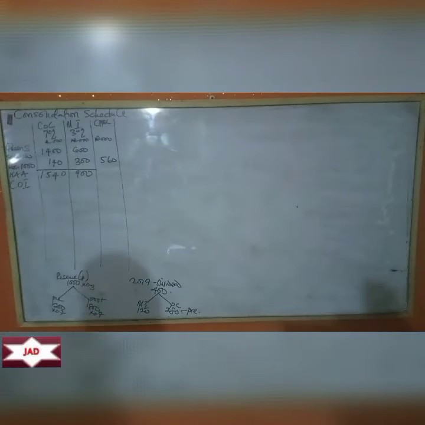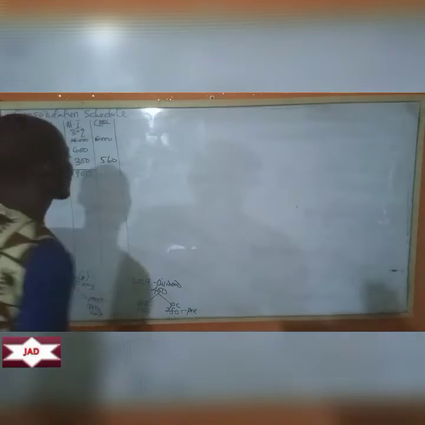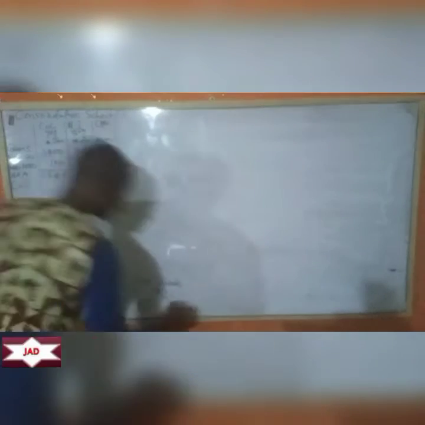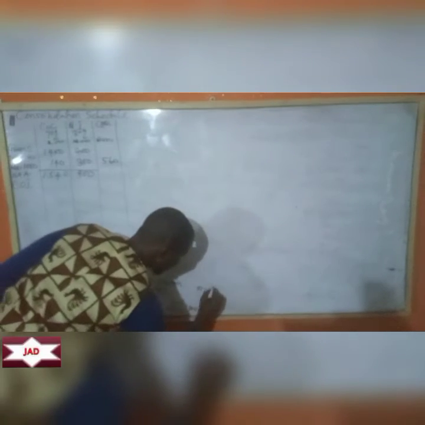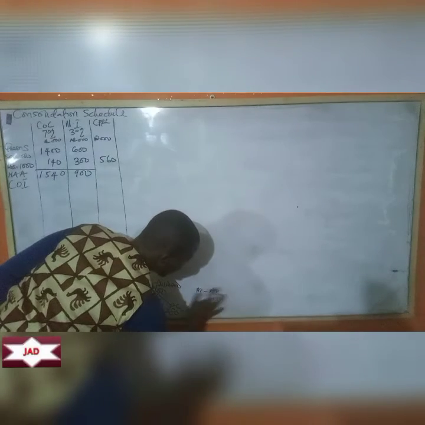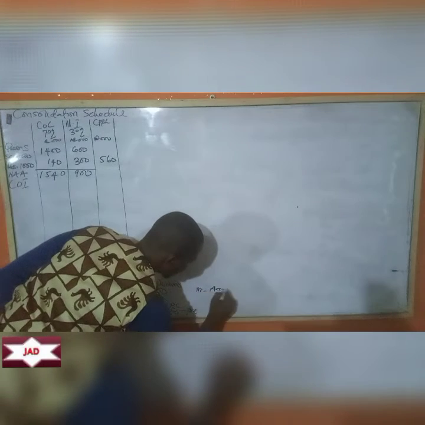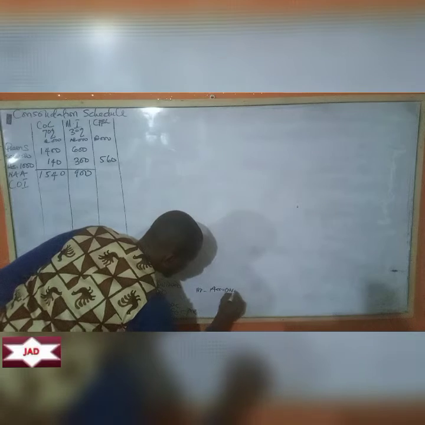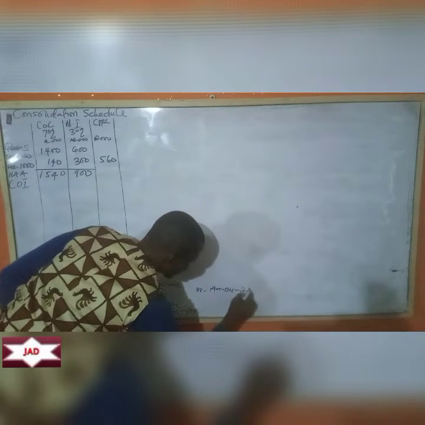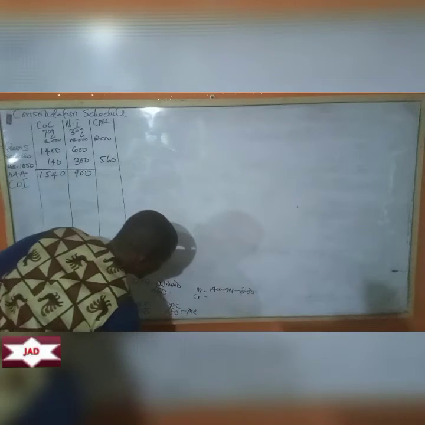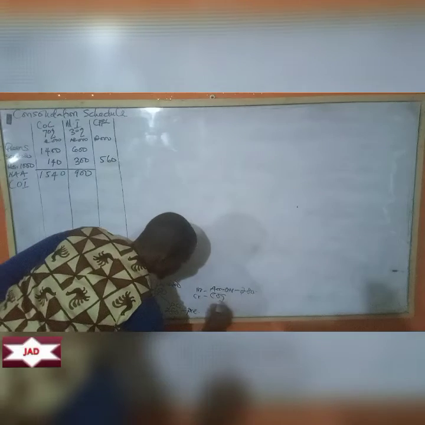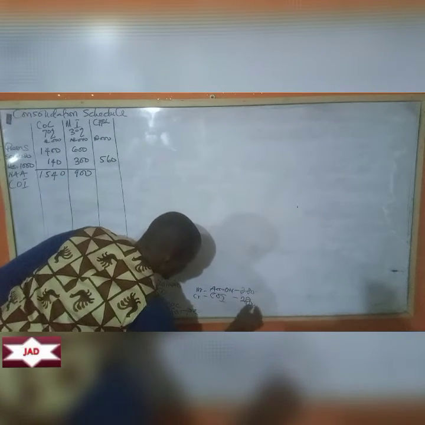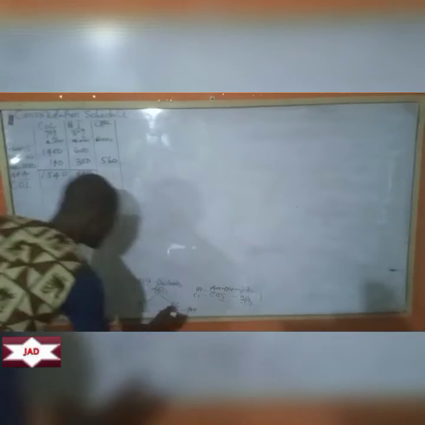Now, remember, for pre, we're expected to debit accrued dividend income with 280, and then credit cost of investment. So this is the right treatment because it's a pre-acquisition dividend.